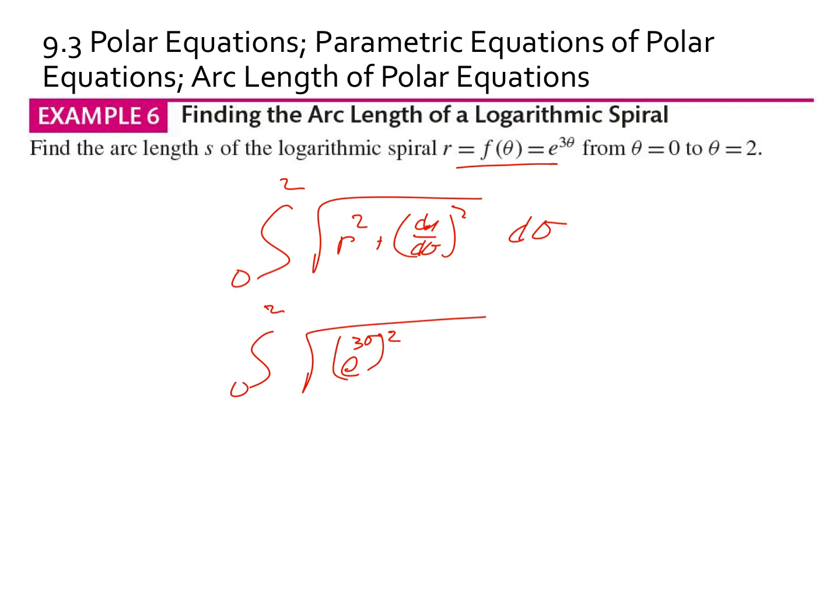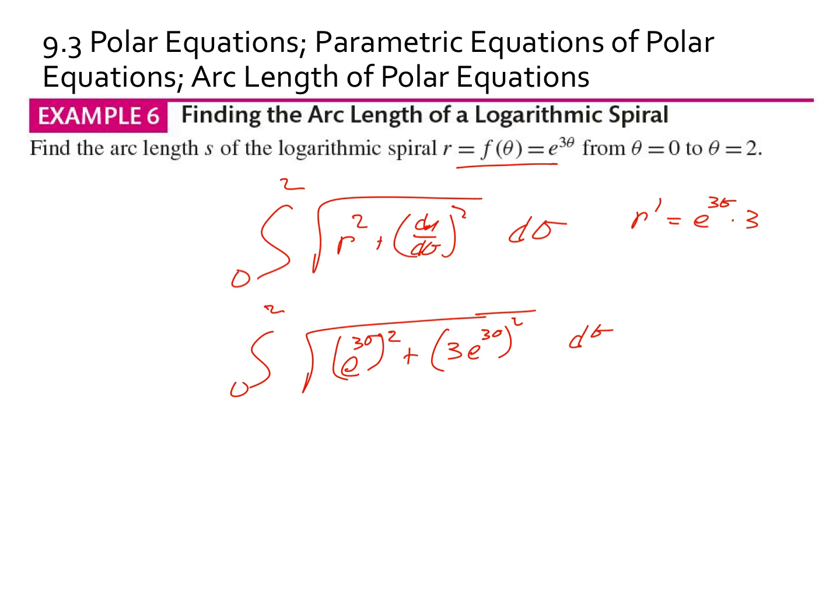If I take my derivative, my r prime is going to be, derivative of e is e, chain rule, so 3e to the 3 theta quantity squared. Make sure you're squaring that 3 because that's how you're going to get the 9.